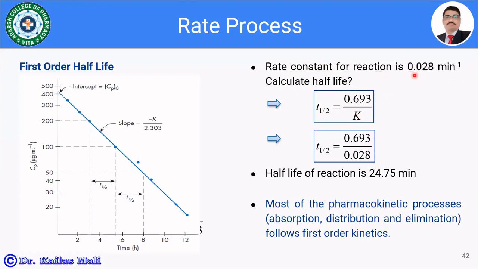So put the value of K. T half is equal to 0.693 upon 0.028. And the half-life of the reaction is 24.75 minutes.